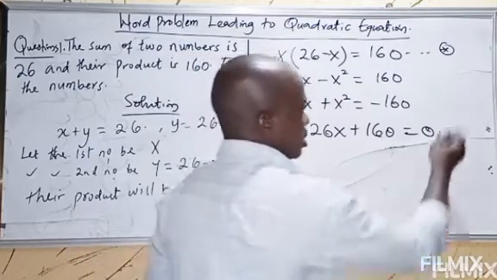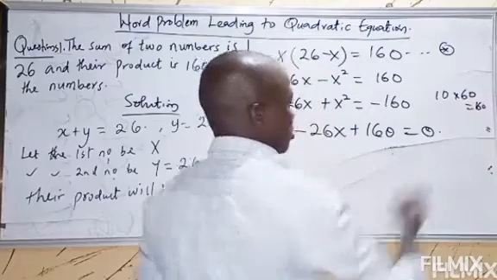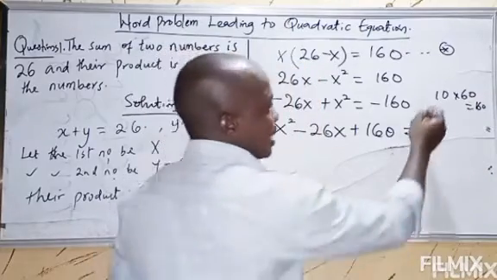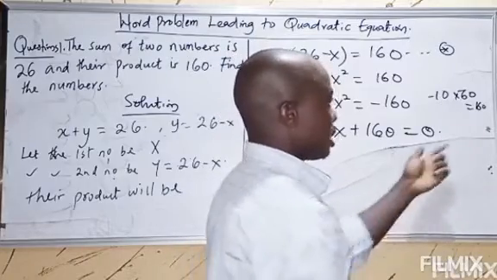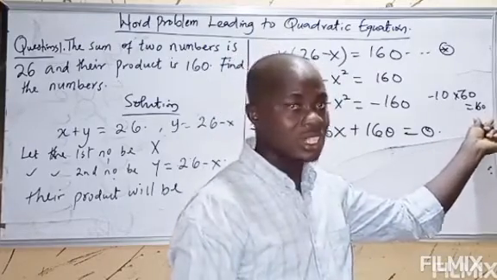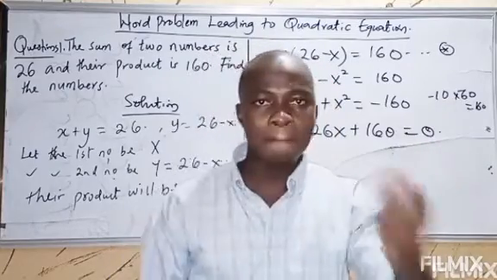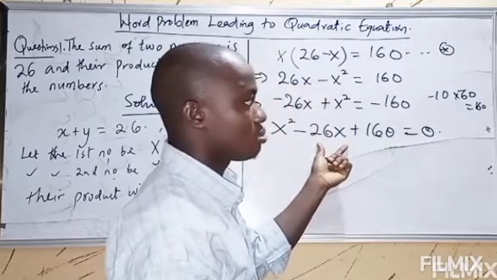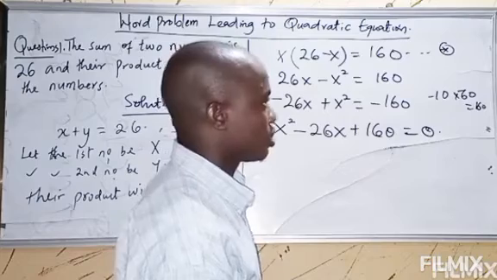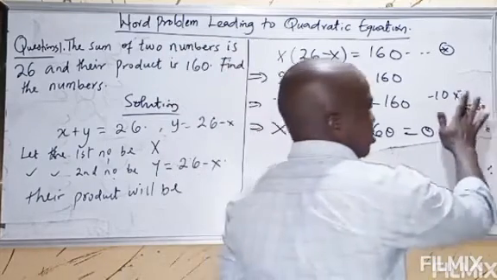So now you can see that 10 times 60 will give me 160. Minus 10 times minus 60 will also give me 160. But minus 10 minus 60 will give me minus 70, so not 60, sorry.